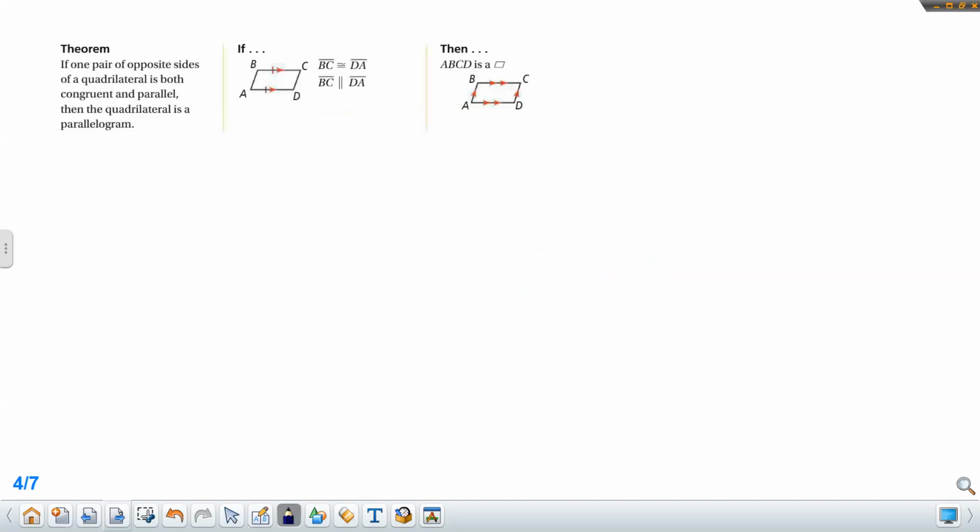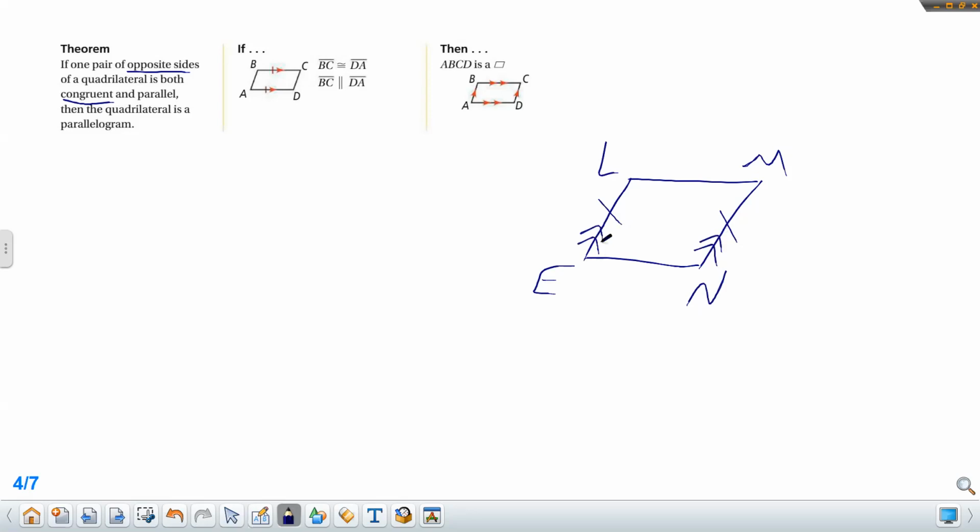Number 5: if one pair of opposite sides of a quadrilateral is both congruent and parallel, then the quadrilateral is a parallelogram. For example, if you have a figure called LMNE, and you know MN equals LE and MN is parallel to LE, then this figure is a parallelogram.